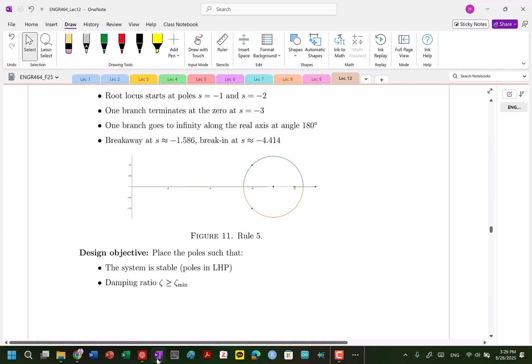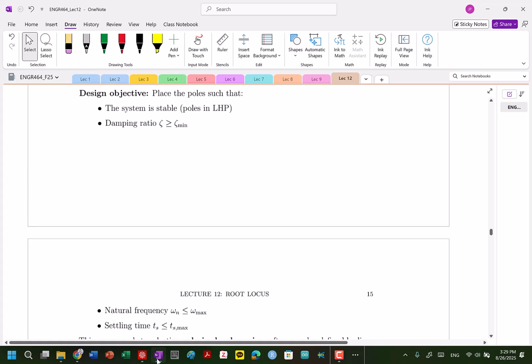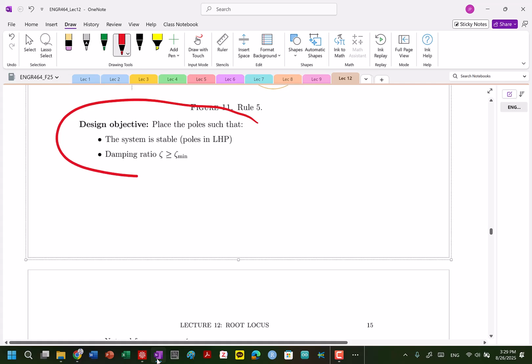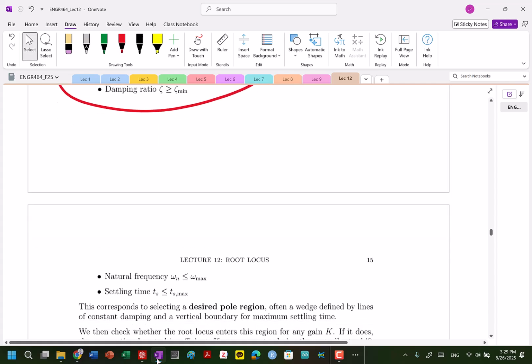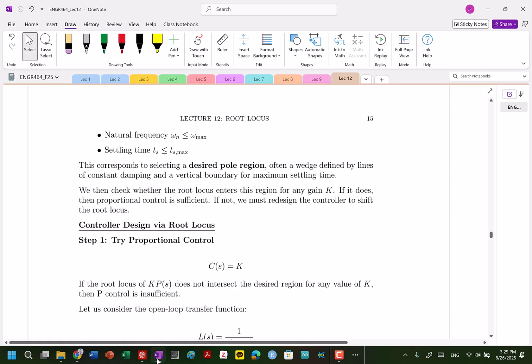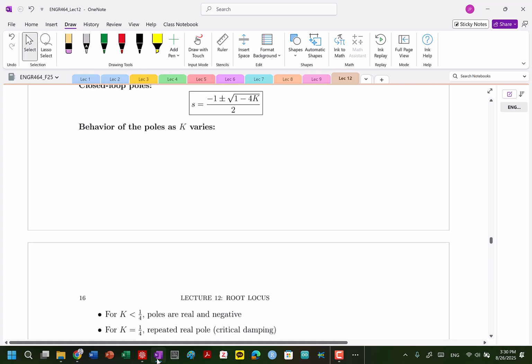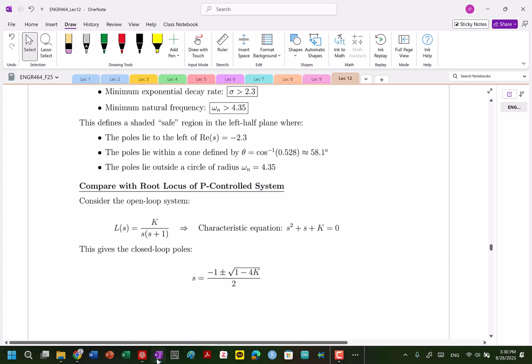Pretty cool. Now we can use this framework to work with our design objectives, making sure we're stable and figuring out what value of k will put us in a desired pole region.